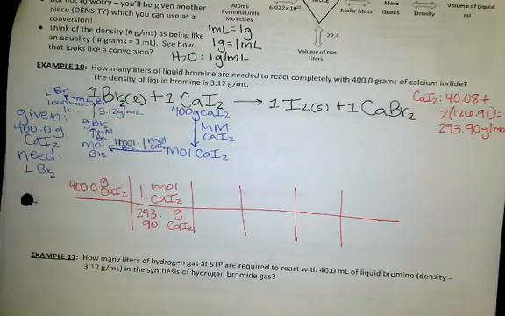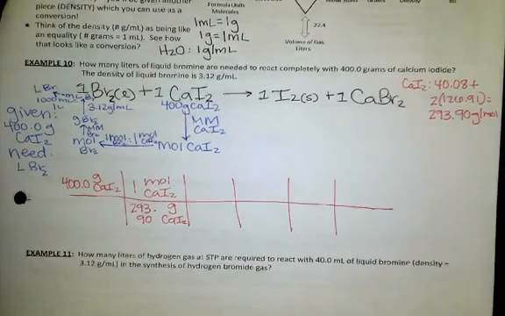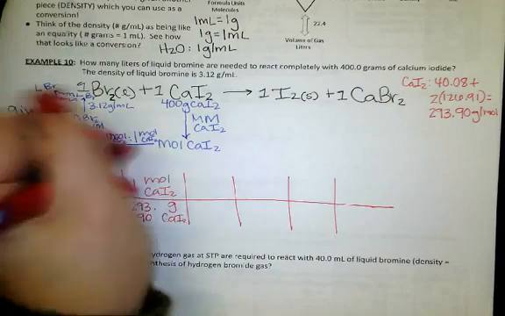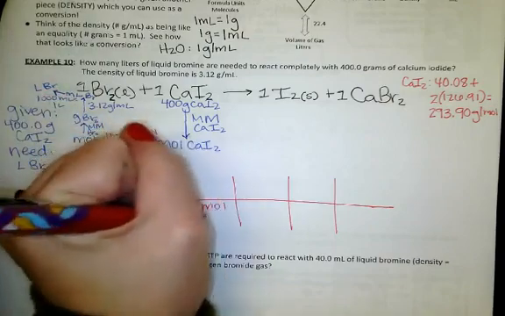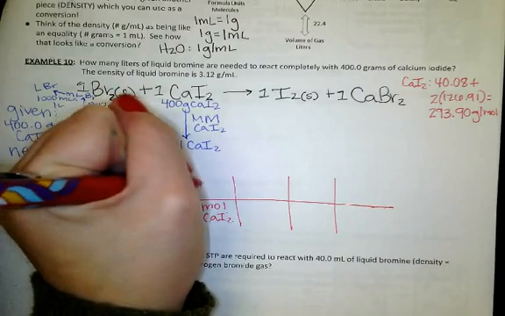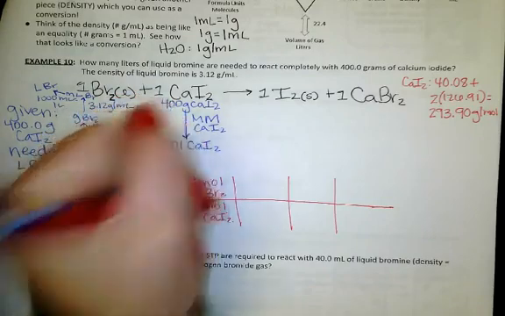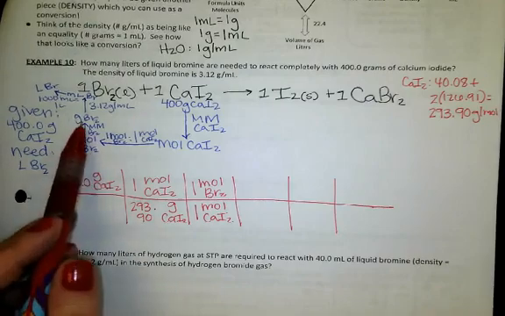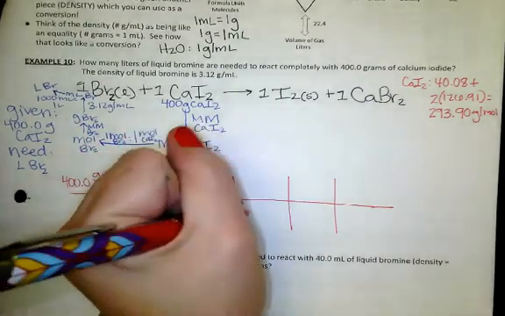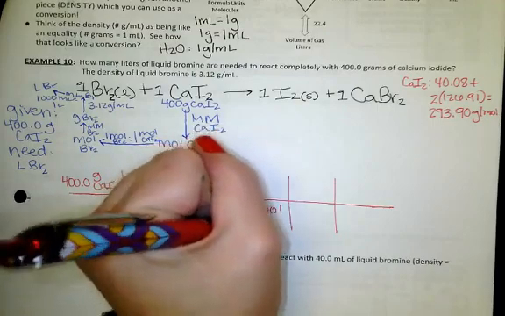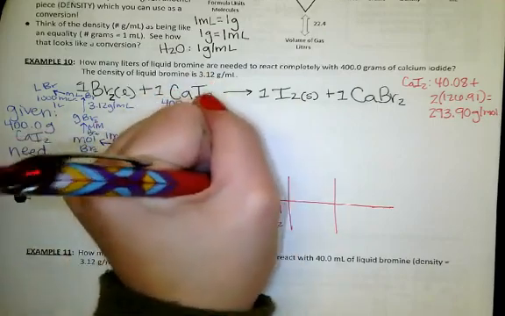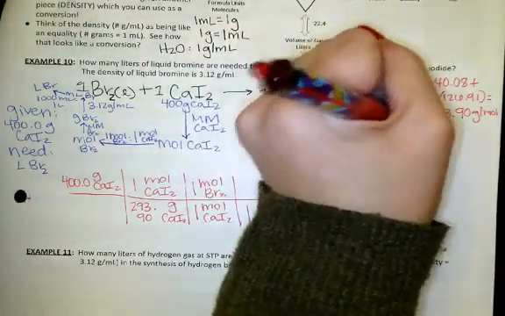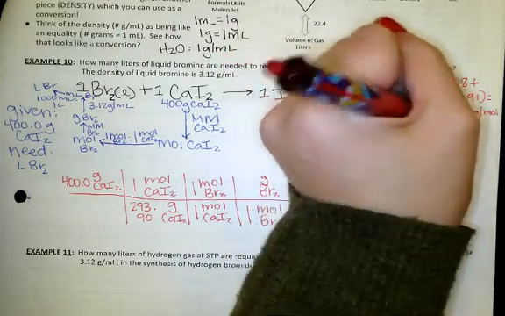Then I'm going to convert moles of calcium iodide to moles of bromine. Okay, so using our mole to mole ratio, 1 mole calcium iodide to 1 mole of bromine. Okay, so that will get us to moles of bromine. Now I'm going to convert moles of bromine to grams of bromine using the molar mass of bromine. So 1 mole of Br2. Grams of Br2 is going to go on top, and so we got to calculate that. Br2, it's going to be 2 times 79.90.